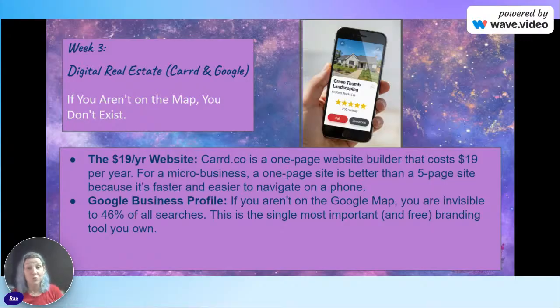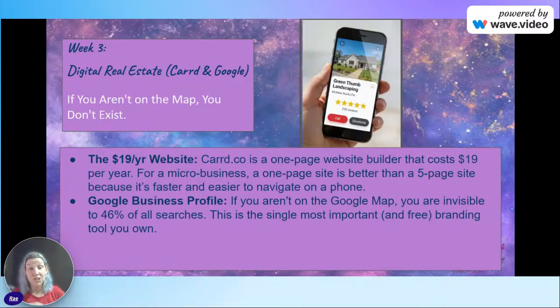57% of local searches happen on mobile devices. And you know what mobile users hate? Waiting for the pages to load. Clicking through navigation menus, scrolling through 5 different pages trying to find your phone number.